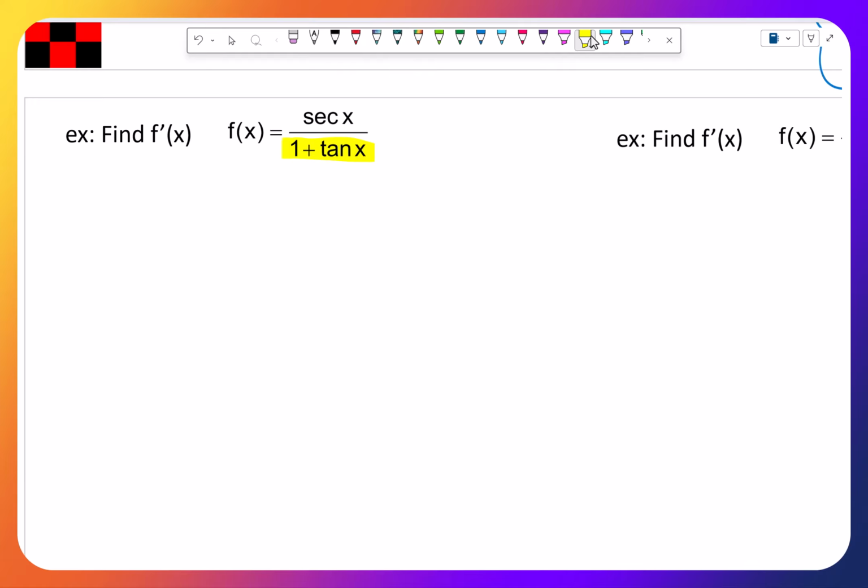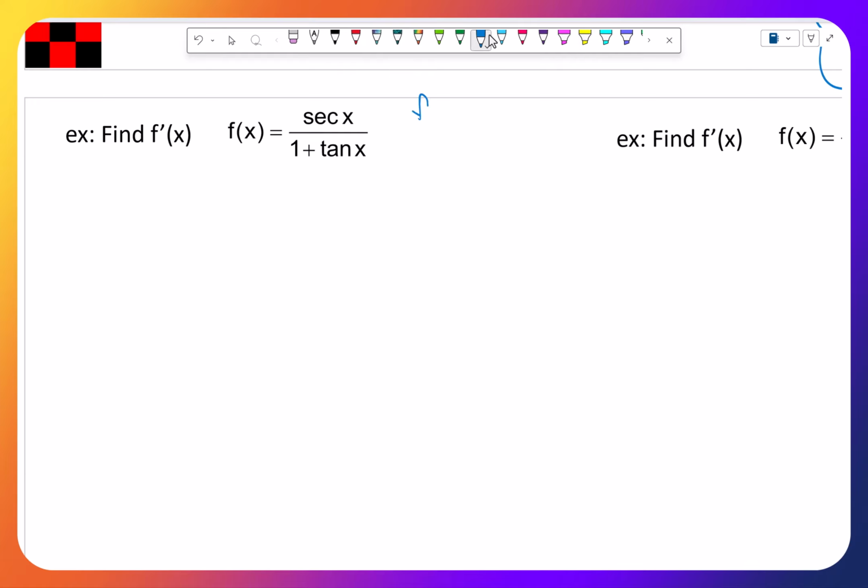Monomial means one term. And if it was a monomial, I would totally try to write this as not a fraction. Not that I don't like the quotient rule, it's just a much more complicated rule than the product rule. But this is a binomial. There's two terms, so that would be impossible. I can't rewrite it, so I'm not going to bother. We're going to have to use the quotient rule.